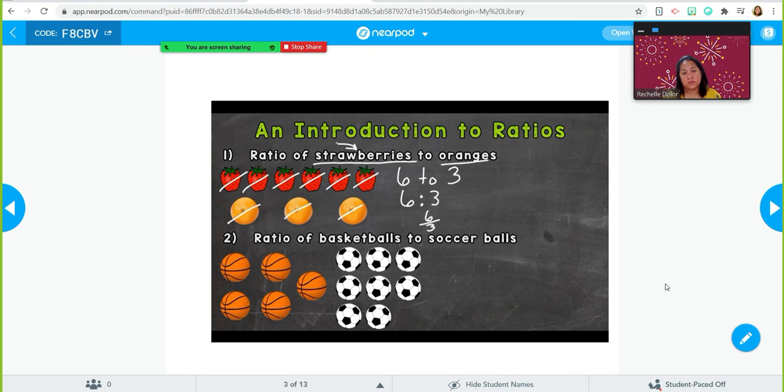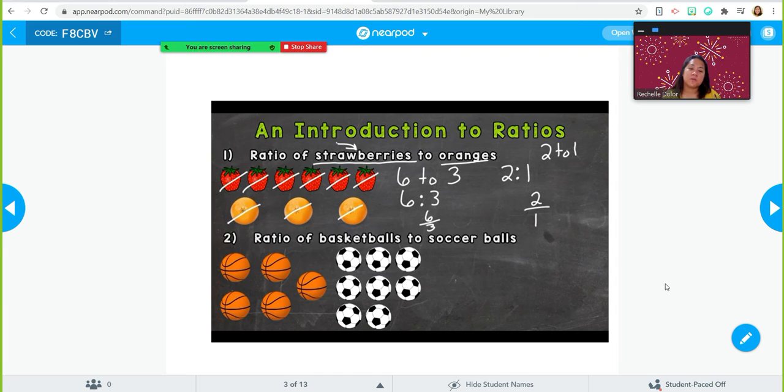So let's divide both the 6 and the 3 by 3. Well, 6 divided by 3 is 2. And 3 divided by 3 is 1. So I'll do the colon way here first. Or I could put 2 to 1. Or the fraction, 2 to 1.